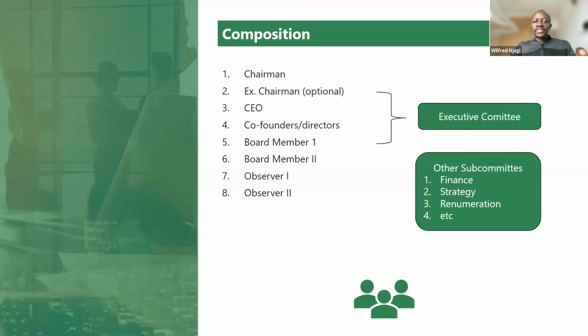In addition to the executive committee, which is the founders, we have subcommittees within the board. You can have a subcommittee on finance, you can have a subcommittee on strategy, a subcommittee on remuneration, a subcommittee on HR. I advise you keep a maximum of 3 subcommittees.